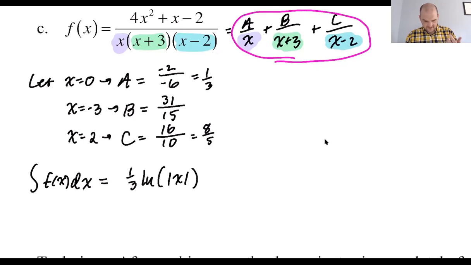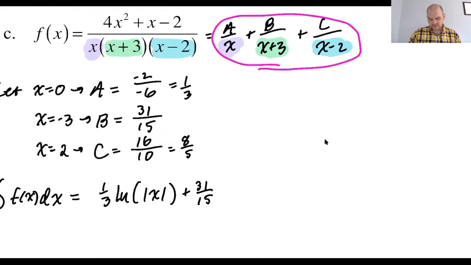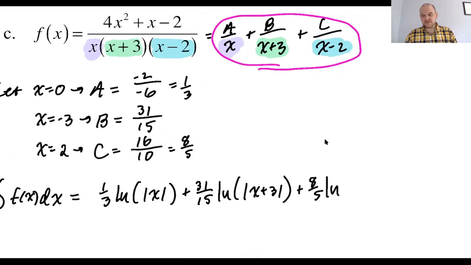I know that b is 31 over 15. So 31 over 15, and then I integrate 1 over x plus 3, which is the natural log of the absolute value of x plus 3. And then c is 8 over 5. And maybe I need to clean this up. I don't, but maybe I would, and then I would just clean it up. But this is way more efficient than rewriting everything and doing that. So it would be the absolute value of x minus 2, and then plus c.